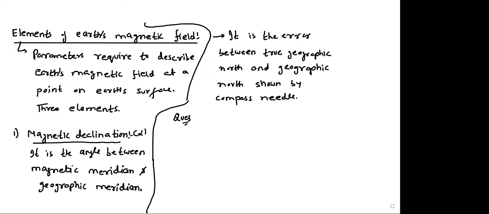Let's do one basic question on magnetic declination. The question says that the declination at a place is 15 degrees west of north.